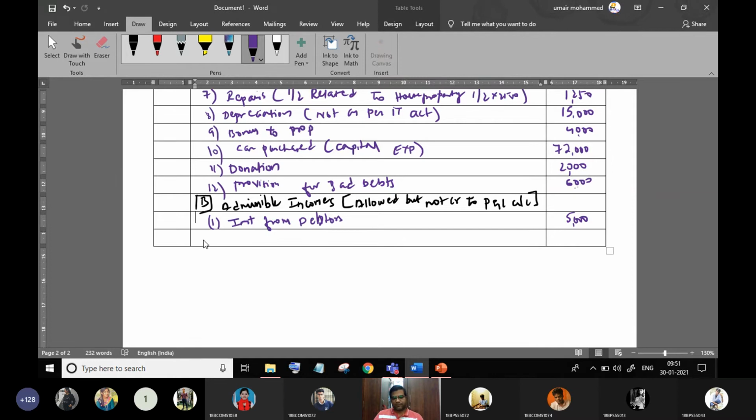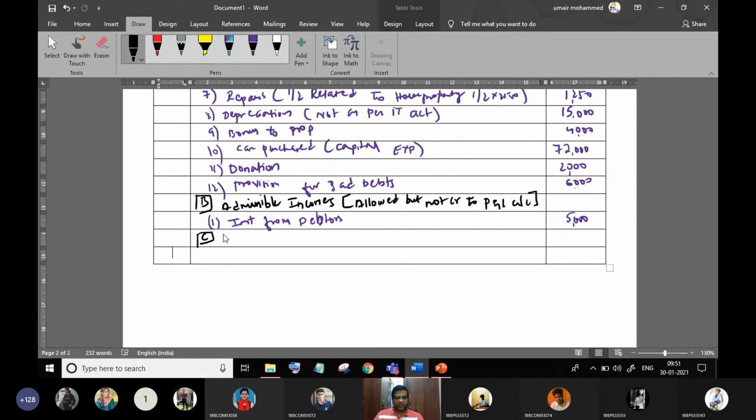Next. Items C and D, both we do not have in this question. What are items C and D? Overvaluation of opening stock, undervaluation of closing stock.